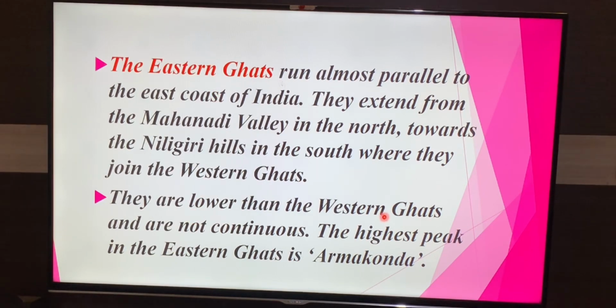Western Ghats are higher, Eastern Ghats are lower. Western Ghats are continuous, Eastern Ghats are not continuous. The highest peak in Western Ghats is Anaimudi. The highest peak in Eastern Ghats is Amarakonda.